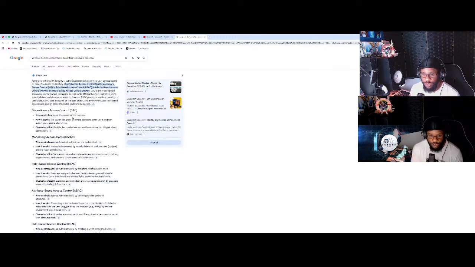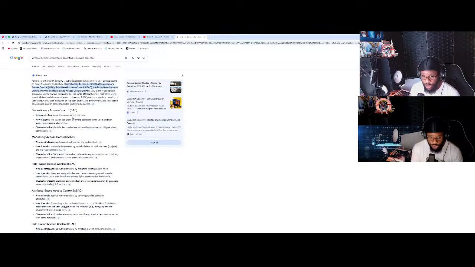And then it says DAC, which was discretionary access control, is the most flexible, allowing resource owners to manage access, while MAC is the most restrictive. So it would be mandatory access control. So remember when we talked about that principle of least privilege, where only people that need access to certain systems get access to it and nobody else, and no more permissions than they need, we're talking about mandatory access control.